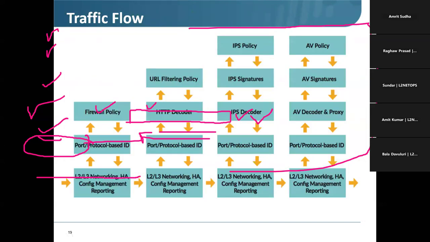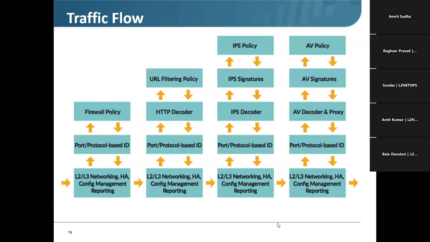And this is another traffic flow. Actually this is the main packet flow, and it is similar to that packet flow also. From here the packet will hit the ingress interface.